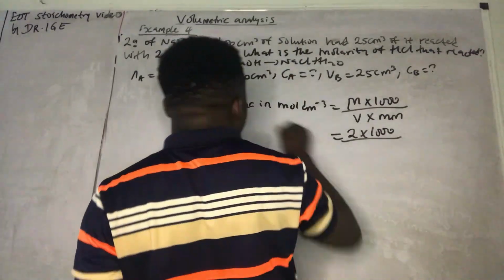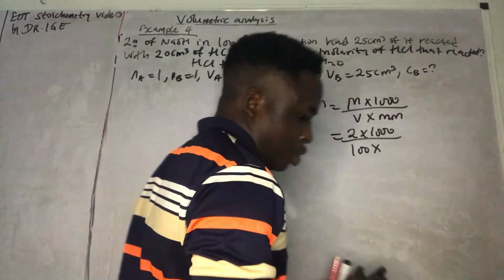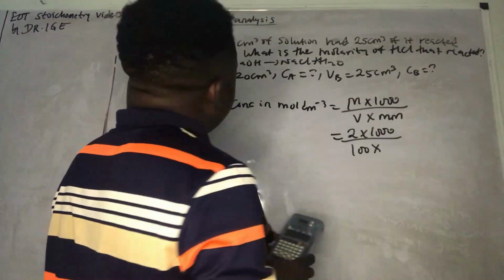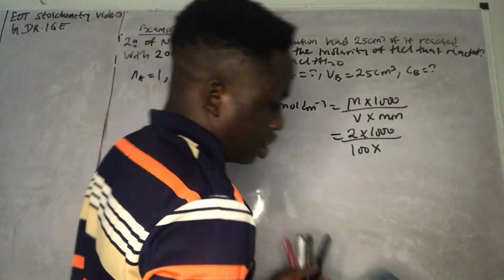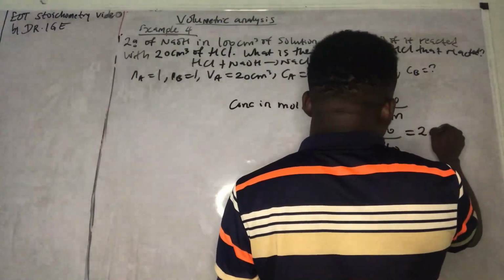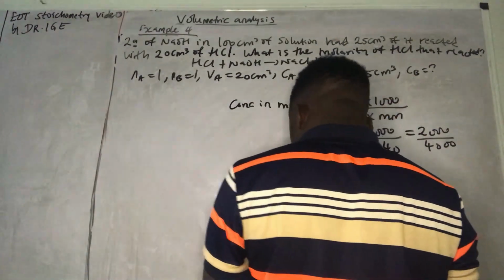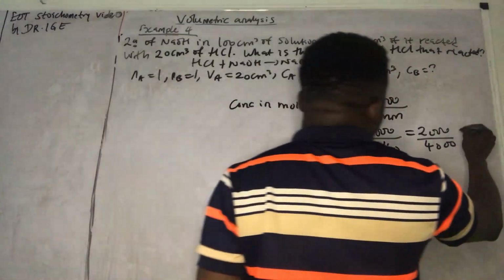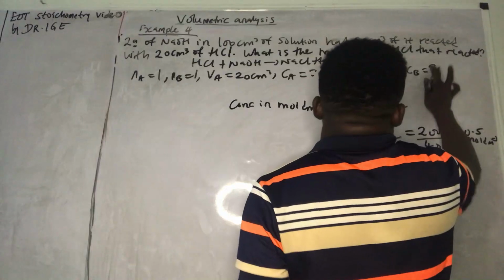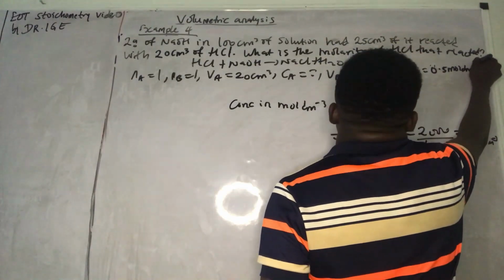What is the volume here? 100 times the molar mass of sodium hydroxide. We have done it many times, so let me do it again: that's 23 plus 1 plus 16, which is 40. So 2000 over 4000 gives 0.5 mol/dm³. That would be the molarity here.